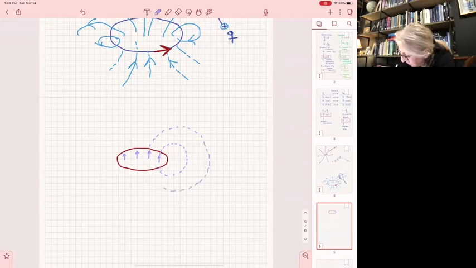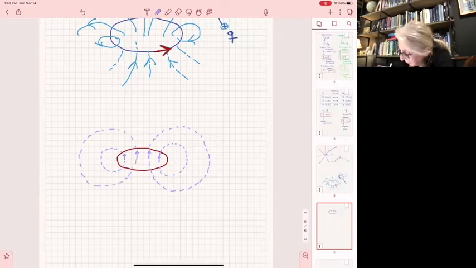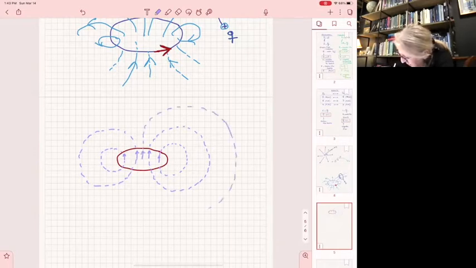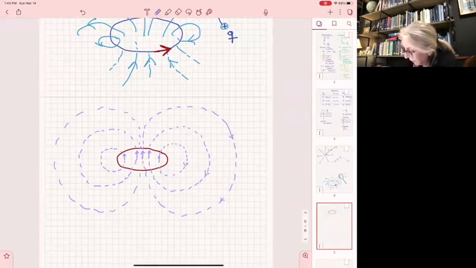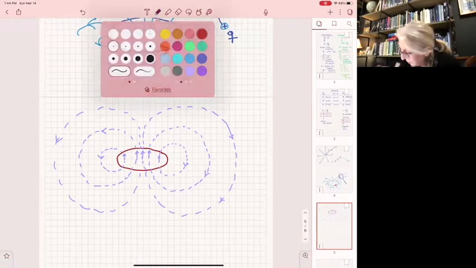Those lines do not cross when they come from the same generating current. You can have crossing lines only if they come from different currents. So they are always perpendicular to the area of the current loop, but they turn away, so they eventually close as paths. They are not open paths. And in this particular case, the current goes like that.